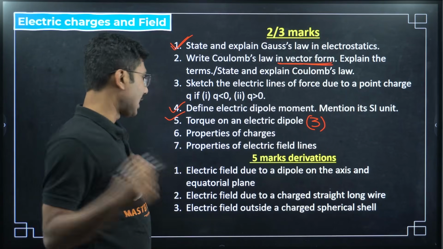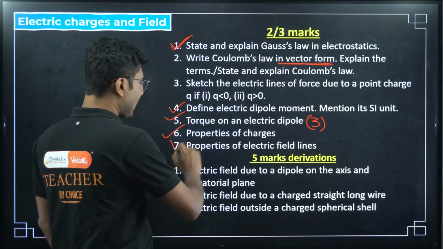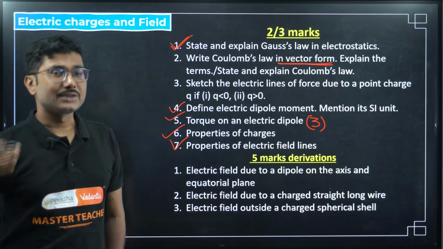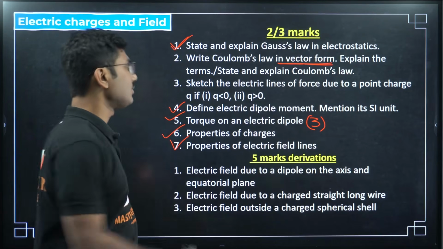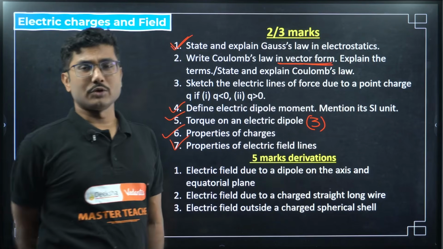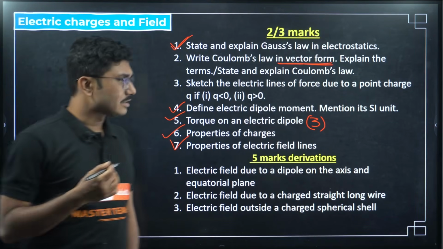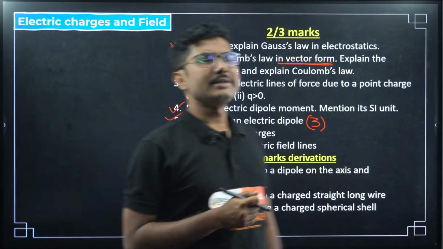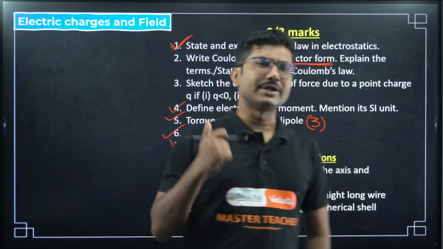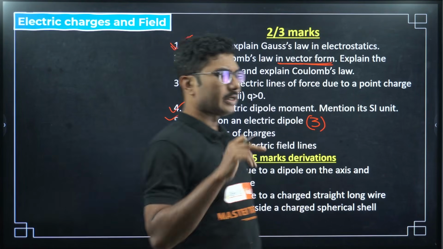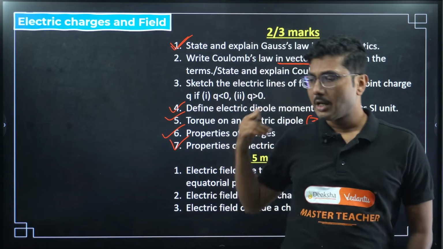Properties of charges, properties of electric field lines, another super important. Again, it can be asked as a 2-marker as well as a 3-marker question. So these are all the super duper important questions. Apart from that, I recommend one more question, that came in the previous year's pre-board exam, never came in the final, but it was asked in the pre-board paper by the district.